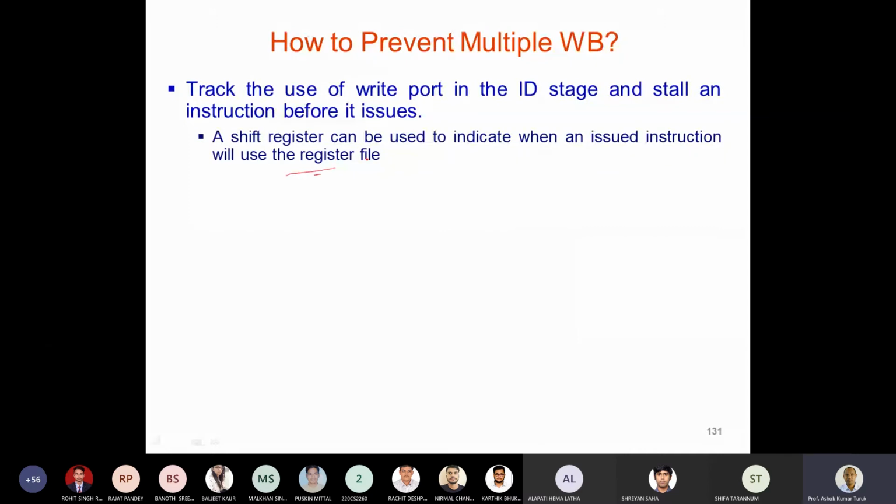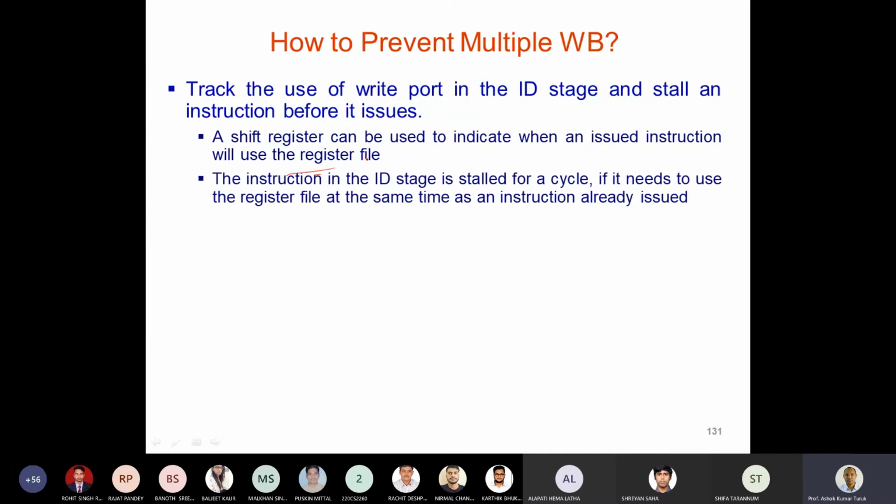So if an instruction is already issued, it can be indicated in a shift register when that instruction is going to write into the register file. And before issuing an instruction, you check the shift register to see whether the instruction that is going to be issued will conflict for write with any previously issued instruction. If a conflict takes place, then you stall that instruction.